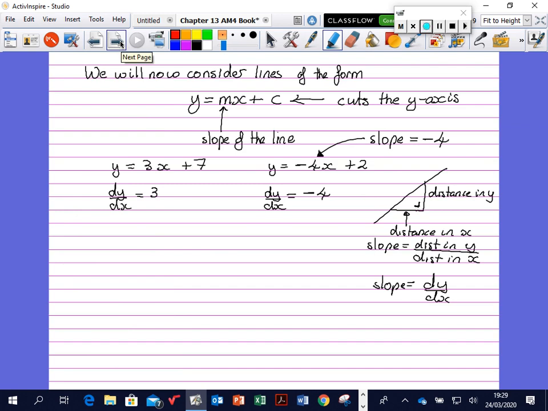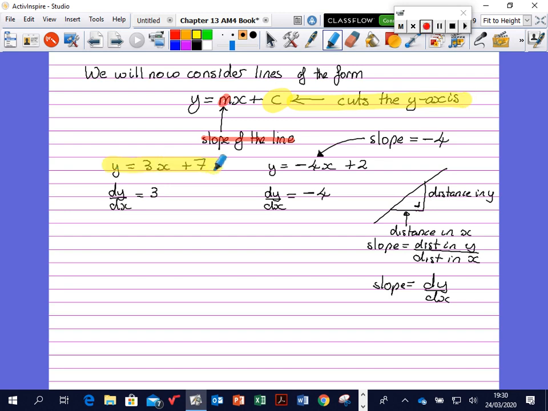We will now consider lines of the form y equals mx plus c. m is the slope of the line. That's true from junior cert when we were studying mathematics in second year. c is where the line cuts the y-axis.